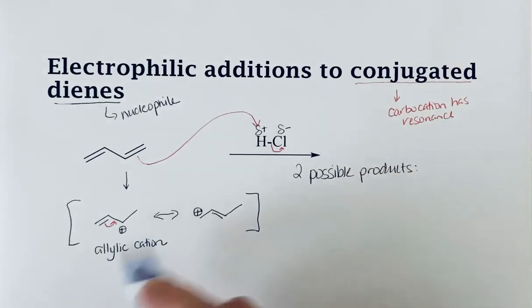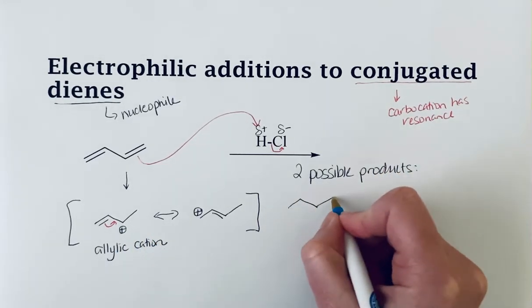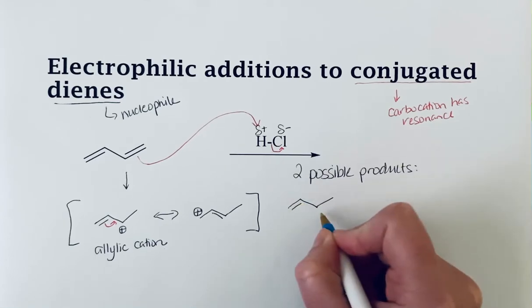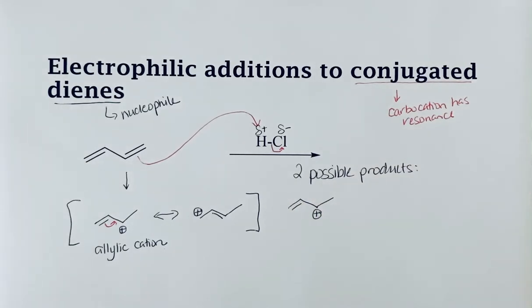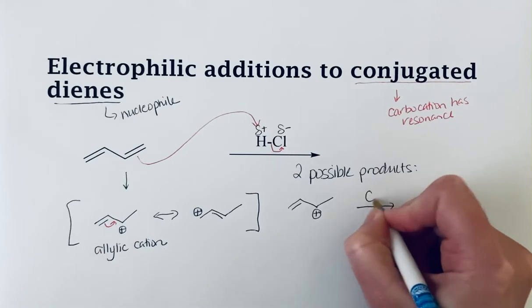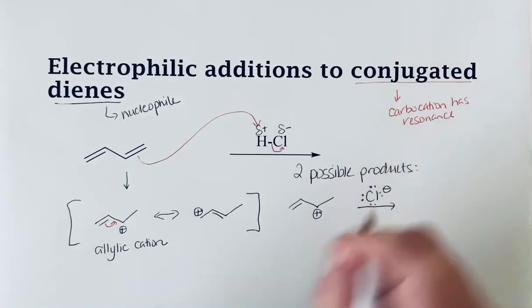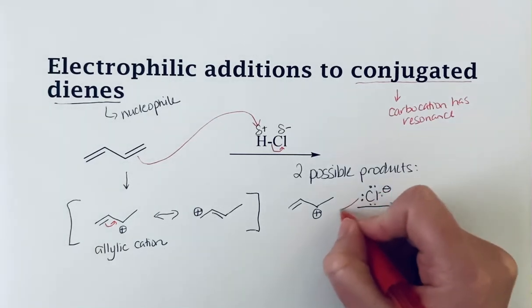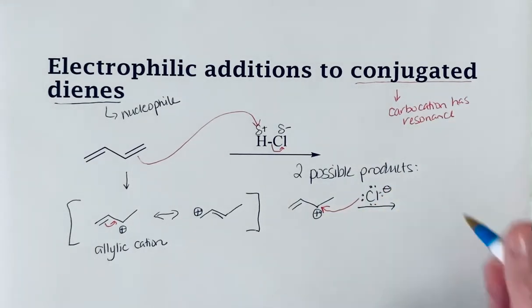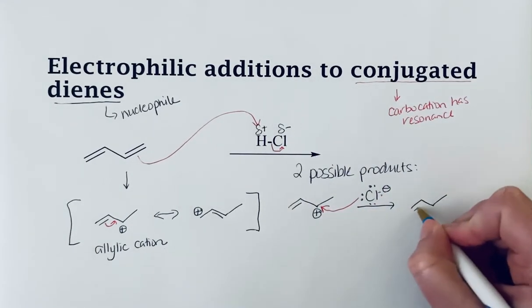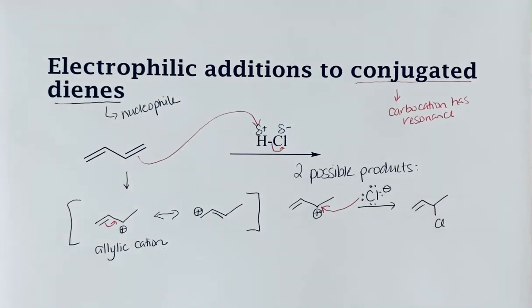And so I'm going to redraw the cation so that we can show how the nucleophile attacks. So here is the first cation that forms. And if the chloride nucleophile attacks this carbon atom, this is the product that will form.